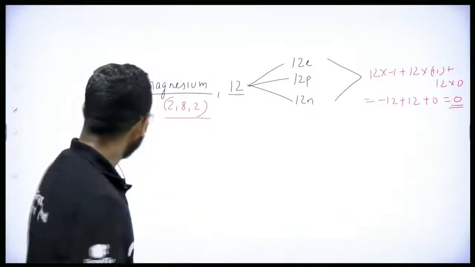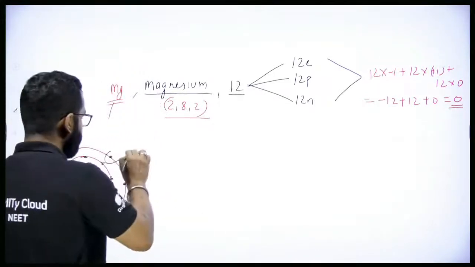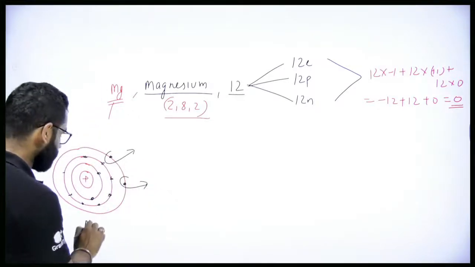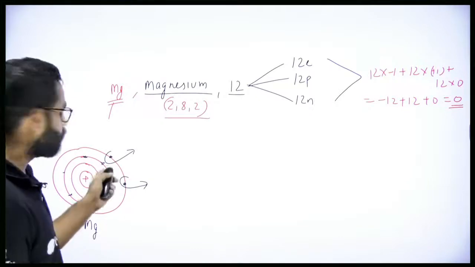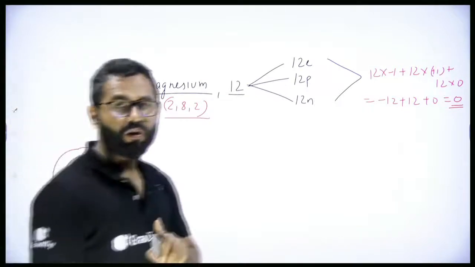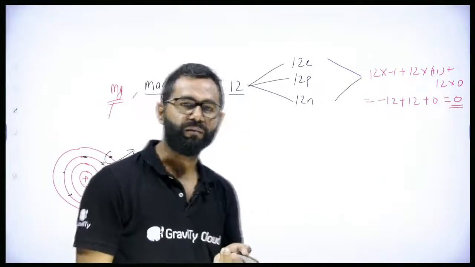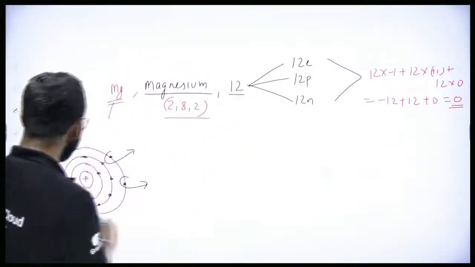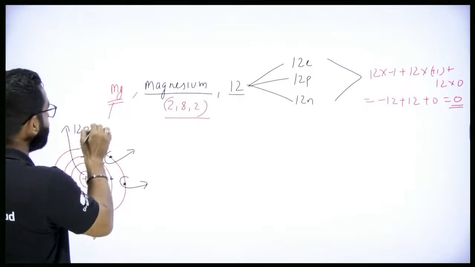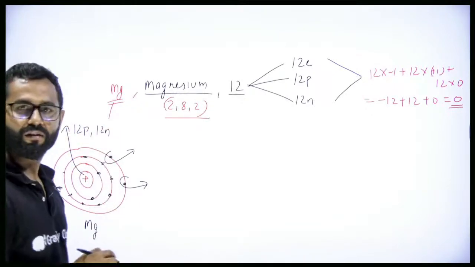Right? Now suppose I remove these electrons from the magnesium atom. This is my magnesium atom. I remove these 2 electrons from the magnesium atom. Right? And I told you that inside the nucleus of the magnesium atom we have 12 protons and 12 neutrons.